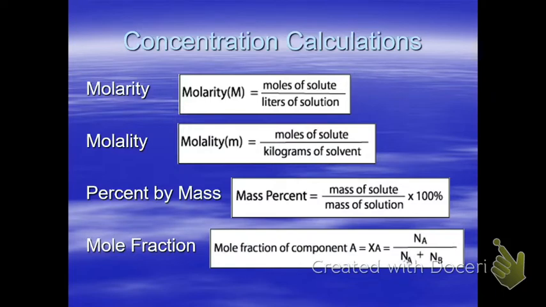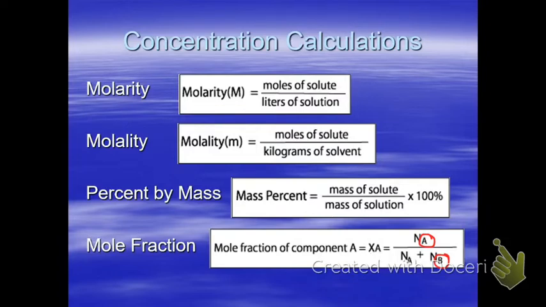And mole fraction, this looks a little bit confusing. Here where you see these little A's and B's, A and B represent solute and solvent. What's in the numerator is moles of solute.